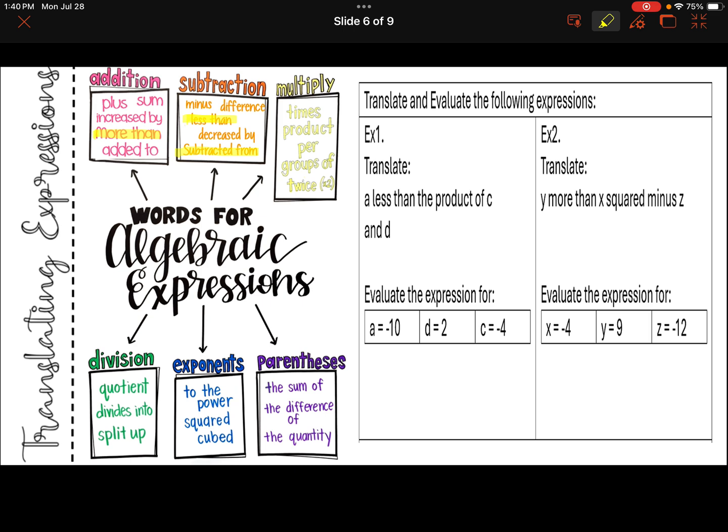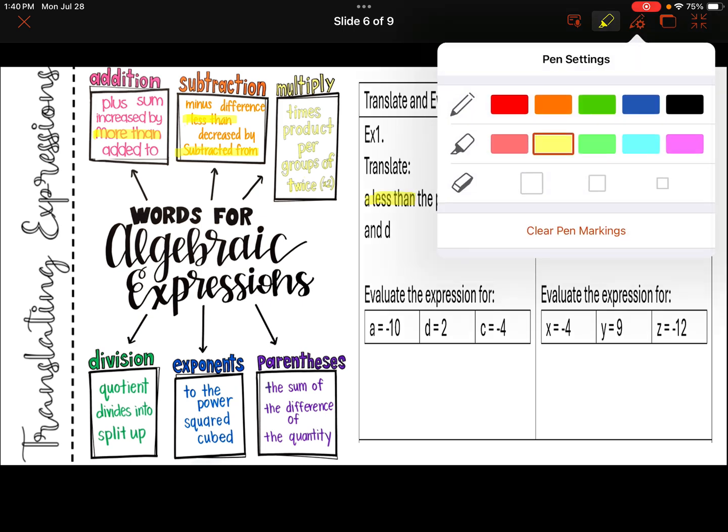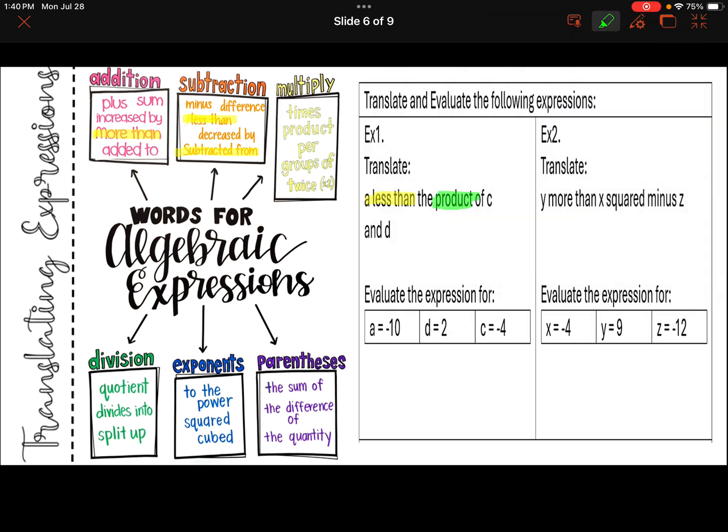All right, so first we're going to translate. So I see the phrase less than, and I see the phrase product. So now I know that less than means to subtract. I know that product means to multiply. However, less than is one of those turnaround words.